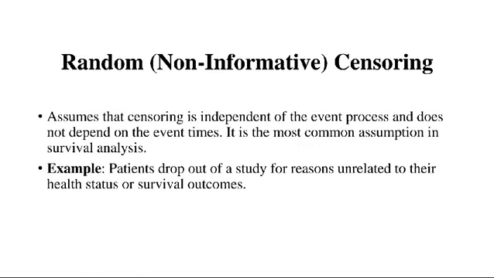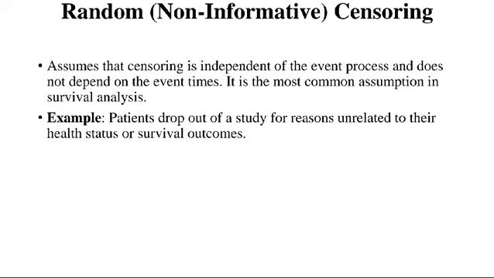The next is non-informative censoring. In the case of non-informative censoring, suppose a patient leaves the study due to an unrelated reason, we can say that it is non-informative. If it is informative, it means that due to some health issue he may leave the study, so that we stop our monitoring of the particular patient.